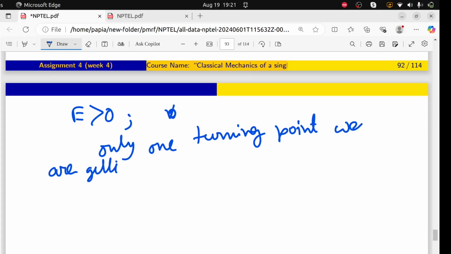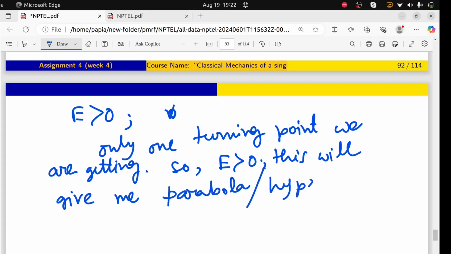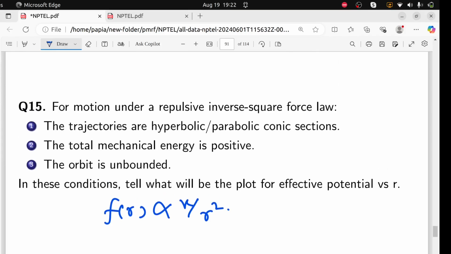So we can say that at E greater than 0, this will give me a parabola or hyperbola, conic section, because these are unbounded. Parabolic or hyperbolic conic sections.